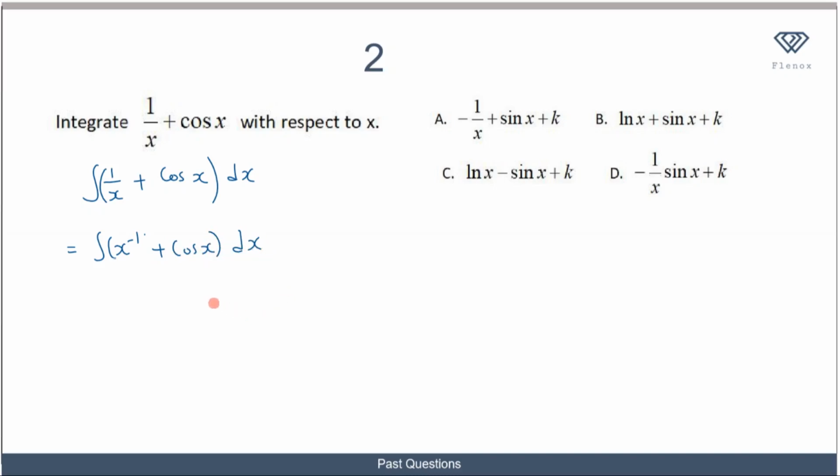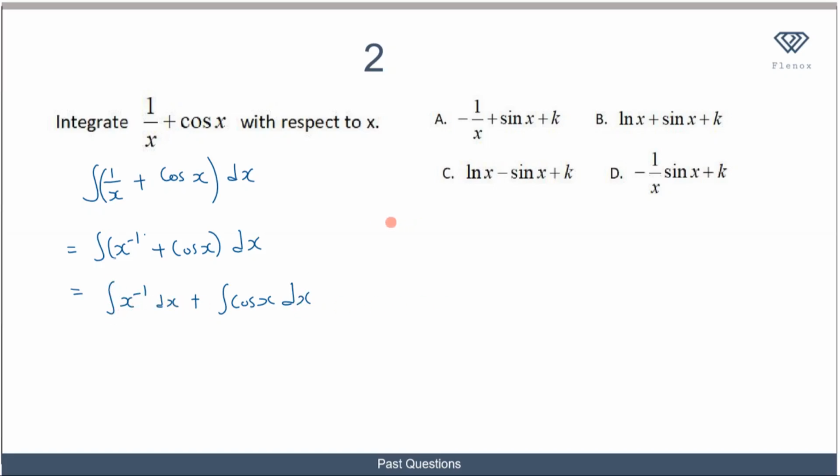And if you remember, when you are integrating algebraic sums, you just integrate each term individually. So this is like having the integral of x to the power of minus 1 dx plus the integral of cos x dx. Now what is the integral of x to the power of minus 1?